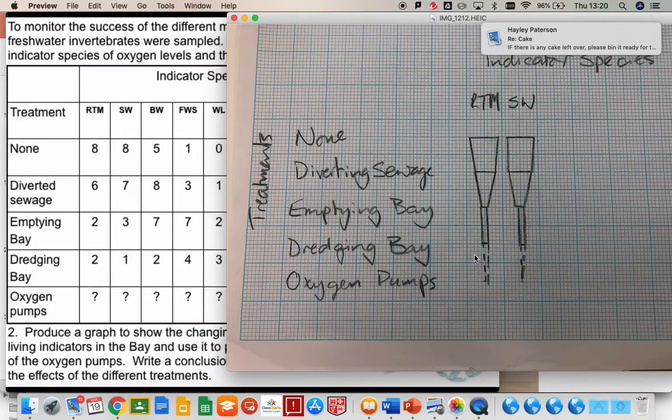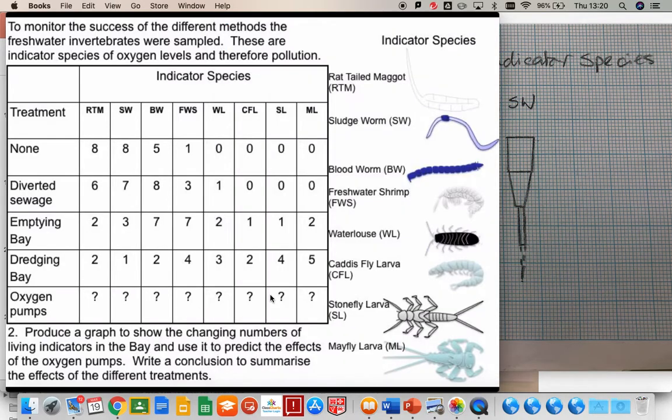There's no data for the oxygen pumps, so what you need to do is use a dotted line and follow the trend to predict what would happen. You'll do that for all of the species, and you will see why it's called a kite diagram, because often they're just triangular like a traditional kite. Then I want you to summarise what you've said.